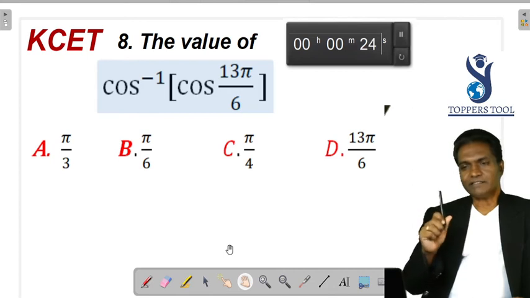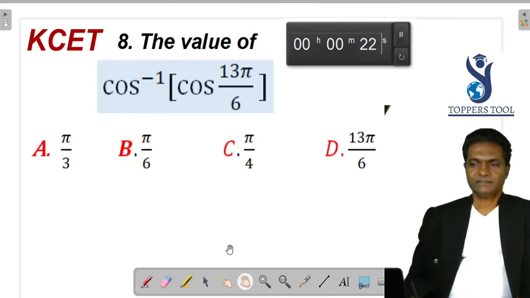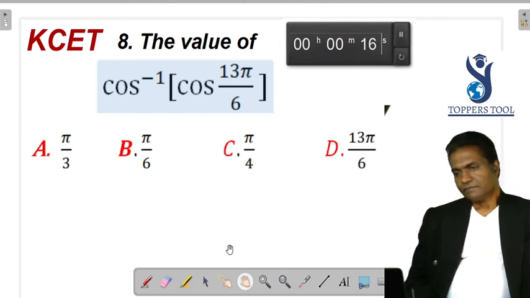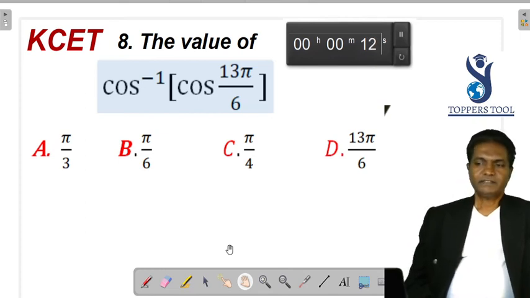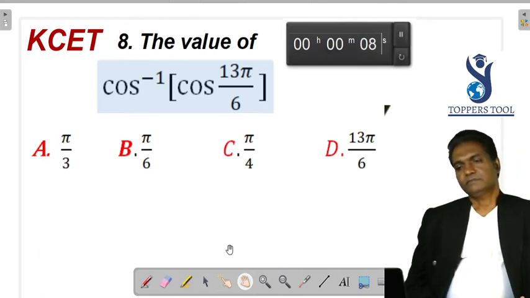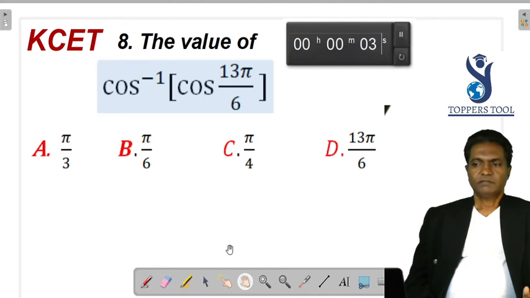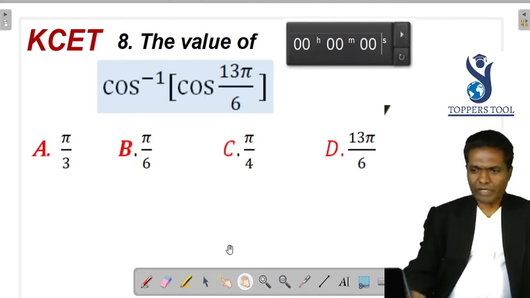Allied angles knowledge is essential. Last 10 seconds. 3, 2, 1.